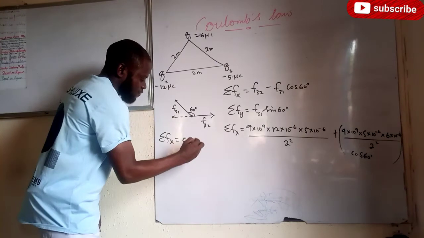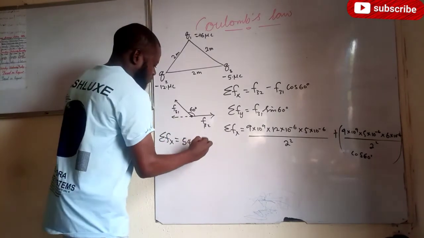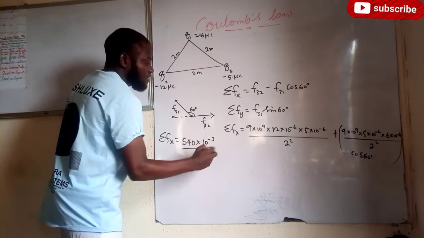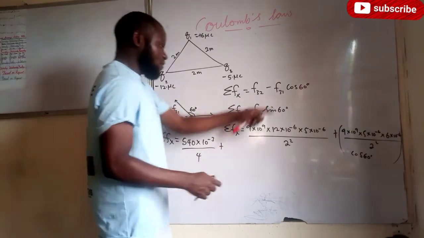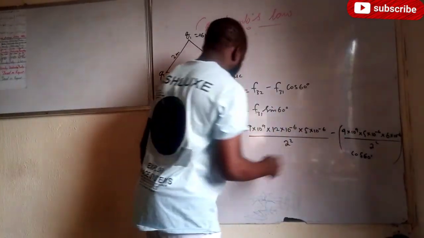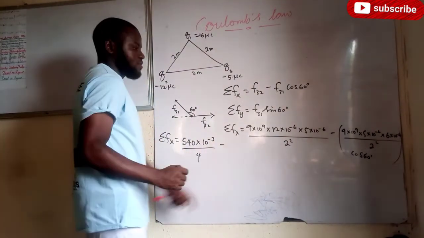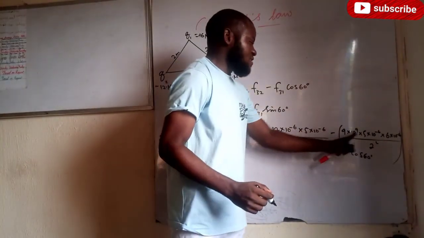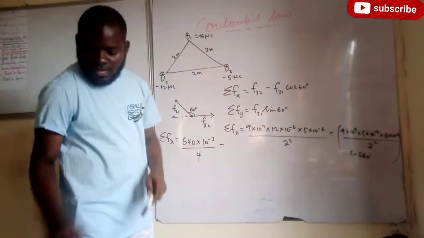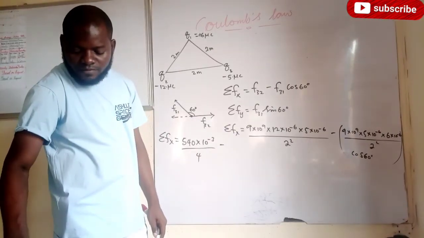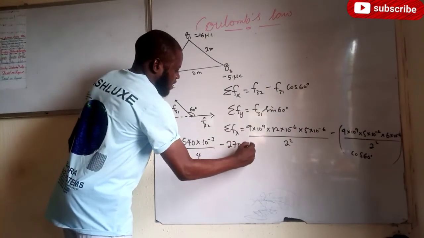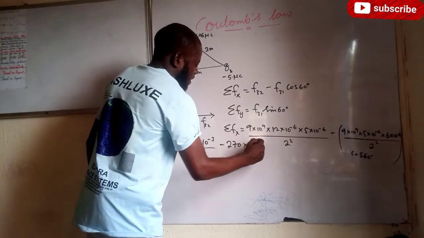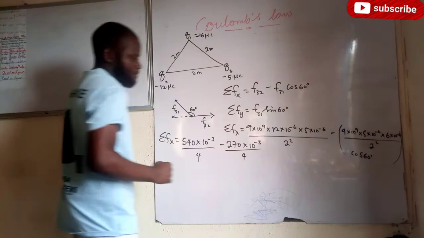So we have 540 multiplied by 10 to the power of minus 3 divided by 4, it's not going to be plus, sorry, it's supposed to be minus. So minus, this will give us 9 times 5 times 6, that gives us 270.